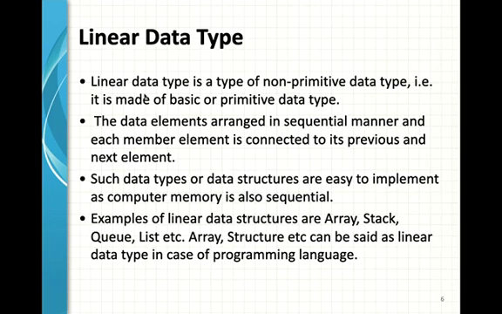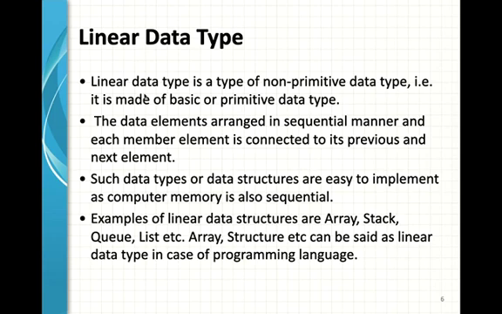Sequential means something is present in a particular sequence, and that's why any element is connected to its next as well as the previous elements. This is the sequential representation.